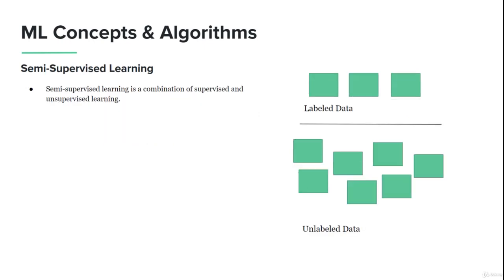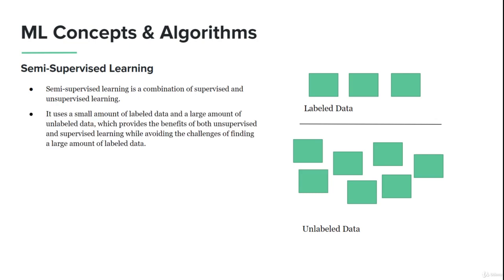And then we have the semi-supervised learning. So the semi-supervised learning is a combination of supervised and unsupervised learning, right? Very simple explanation there. And then it uses a small amount of labeled data and a large amount of unlabeled data, which provides the benefit of both unsupervised and supervised learning while avoiding the challenges of finding a large amount of labeled data.